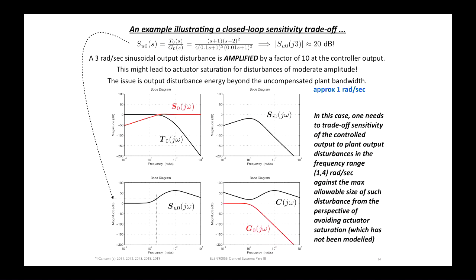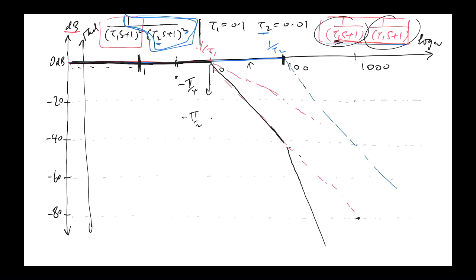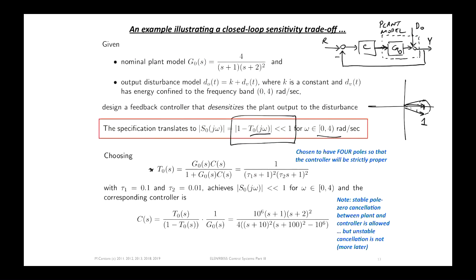So what's happening here is that our controller pushes the gain up in order to make this flat over a wider range of frequencies, given a plant that rolls off at a frequency that's below the range of frequencies associated with our performance specification.